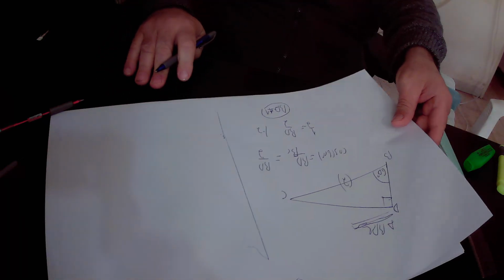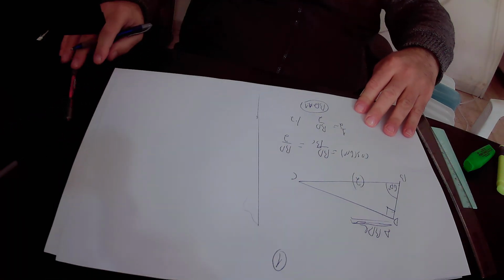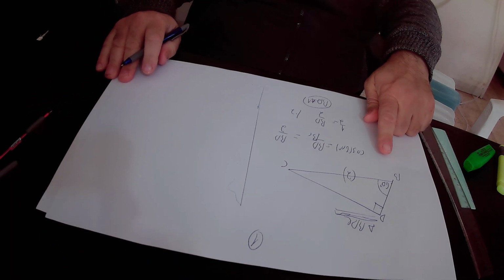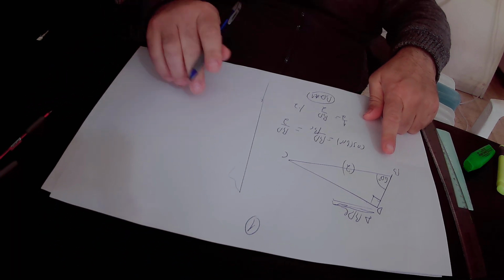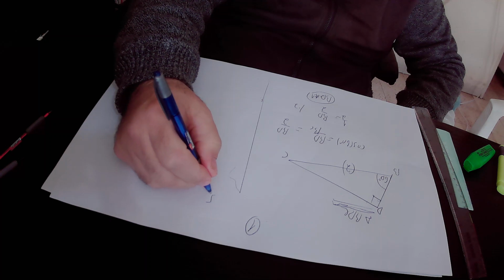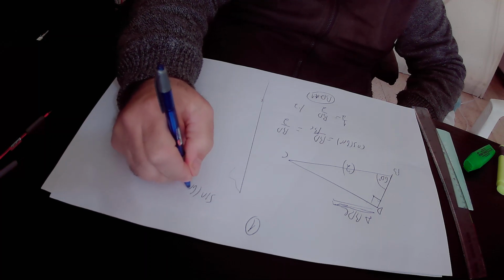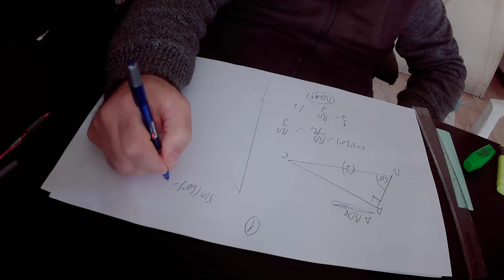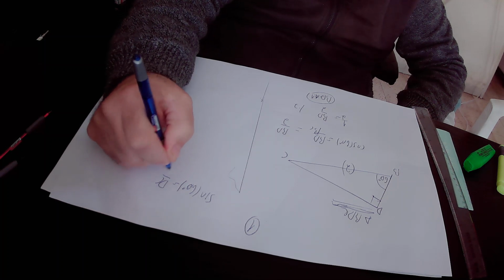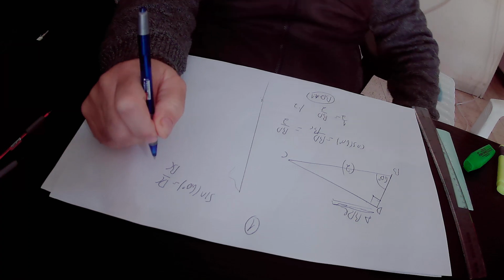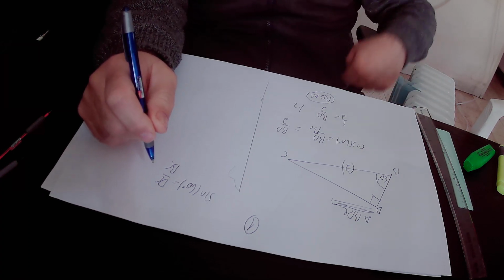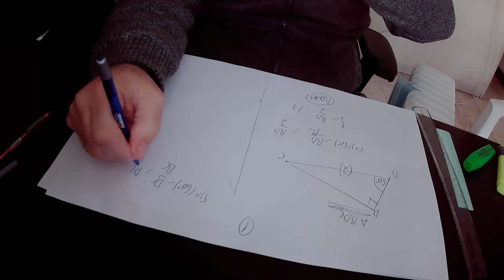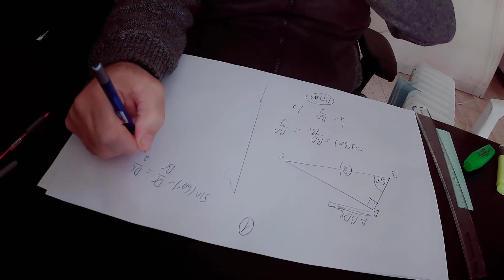We continue to focus on the right triangle BDC. Here, sine 60 degrees equals DC over BC, and BC is 2.